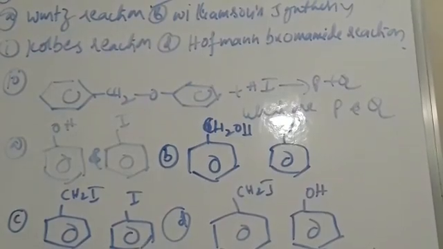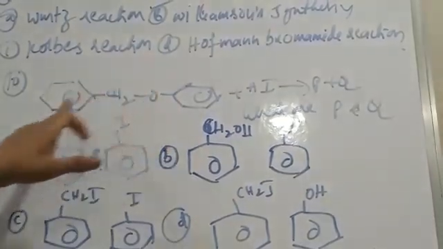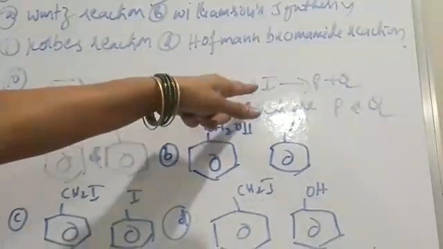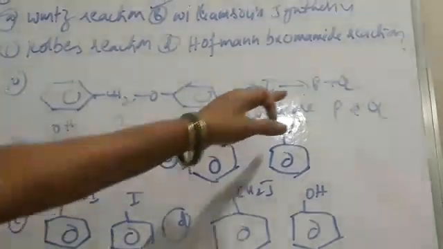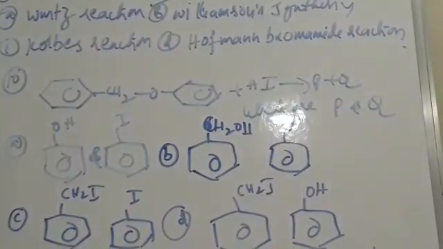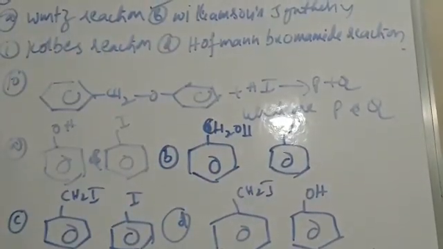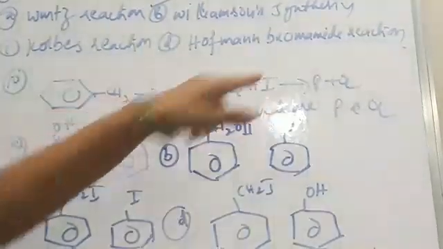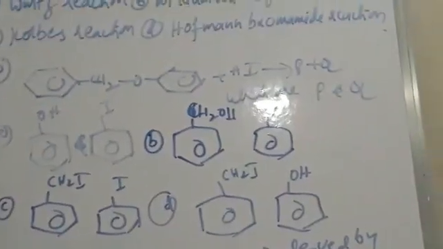Next. So this is ether having two aromatic rings, okay. So in presence of hydrogen iodide, it reacts with hydrogen iodide. We get two products, P and Q, okay. So when hydrogen iodide reacts with unsymmetrical ethers, iodide ion links with the alkyl group which has more hydrogen atoms, okay.